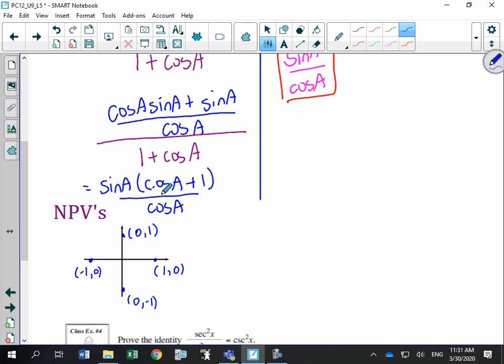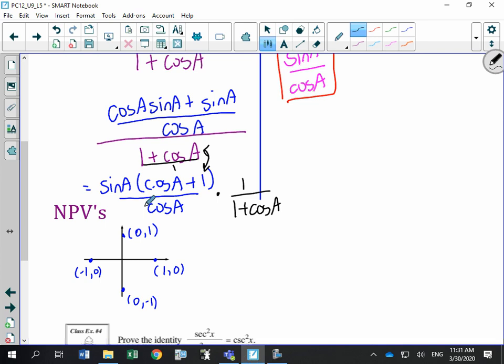But instead of dividing by this fraction, I'm going to multiply it by the reciprocal, right? So I'm going to take this first fraction and multiply it by the reciprocal. And to turn this into a fraction, I'm just going to put it over 1. And so the reciprocal would be 1 over 1 plus cos of A.